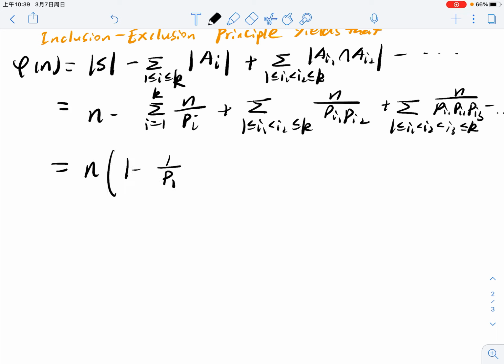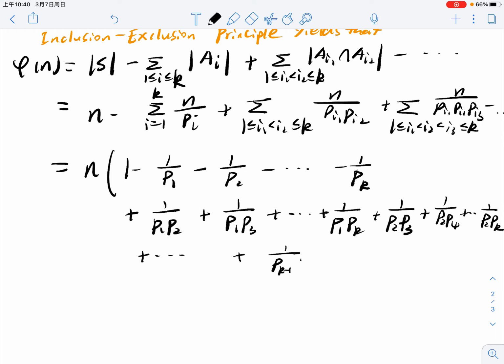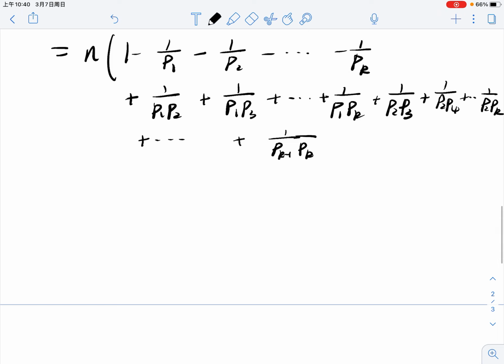It's 1 minus 1 over p1, 1 over p2, minus 1 over pk, plus 1 over p1 times p2, plus 1 over p1 times p3, plus 1 over p1 pk, plus 1 over p2 p3, plus 1 over p2 p4, plus 1 over p2 pk, and so on, minus 1 over p1 p2 p3, and the last one is minus 1 to the k's power, 1 over p1 p2 pk.